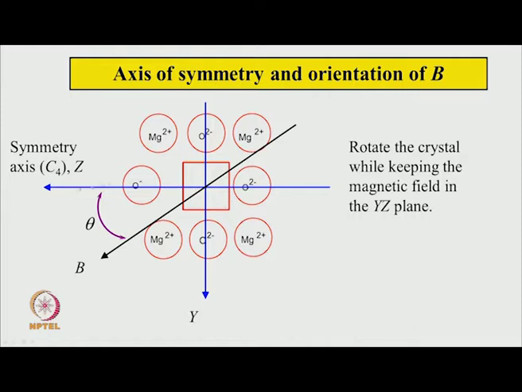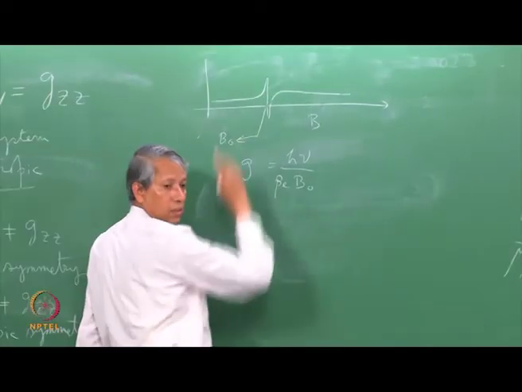Once again, this is the symmetry axis, the C4 axis is here, and let us say B, the magnetic field, is applied along this direction, which makes an angle theta, and this is the perpendicular direction. If the crystal is rotated around this C4 axis, then because of the symmetry axis, the interaction is not going to change, so this will stay right where it is.